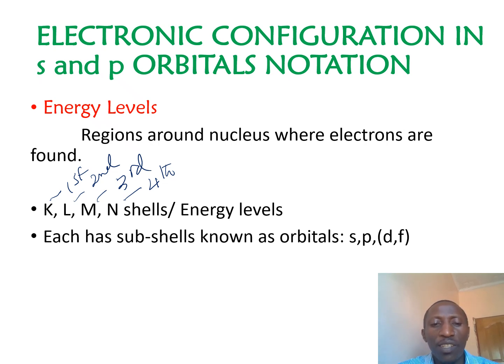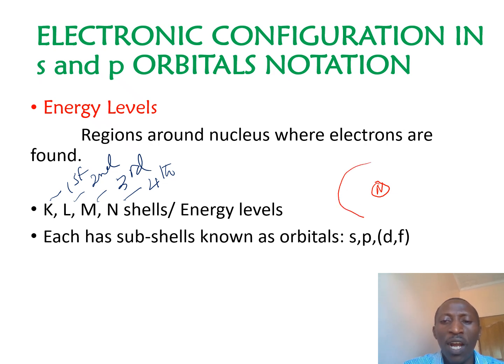Each shell has what we call its subshells, or orbitals. For example, if this is our nucleus N, we have the first energy level.